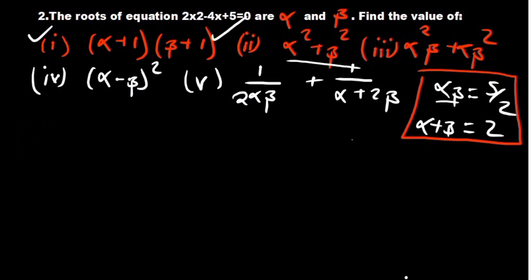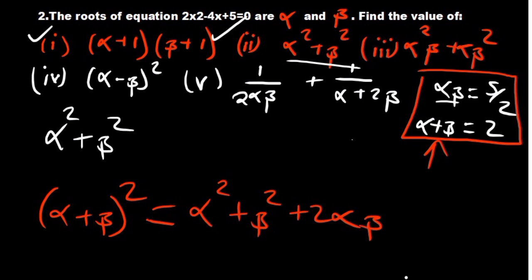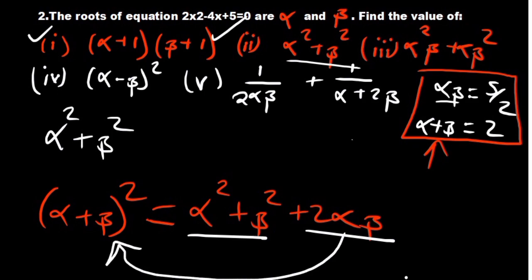The second part says alpha squared plus beta squared. We said the easiest way to look at this is realizing the fact that when you have alpha plus beta squared, this is equivalent to alpha squared plus beta squared plus 2 alpha beta. If you want to find the value of this, you can take it to the other side, so it will be minus.